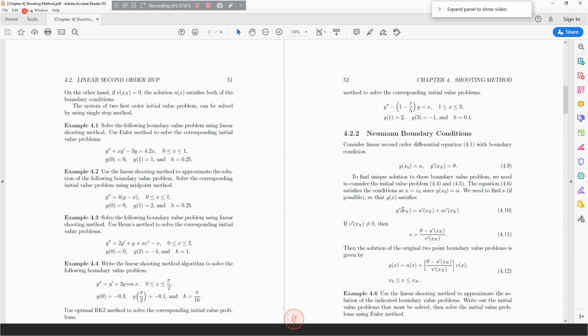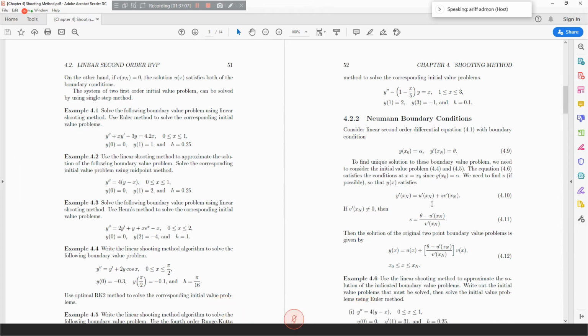So now we have y prime(xn) equals u prime(xn) plus s times v prime(xn). Rearrange this one and you can get your s. So s is equal to y prime(xn), which is theta, minus u prime(xn), all divided by v prime(xn). That's why we are using theta.